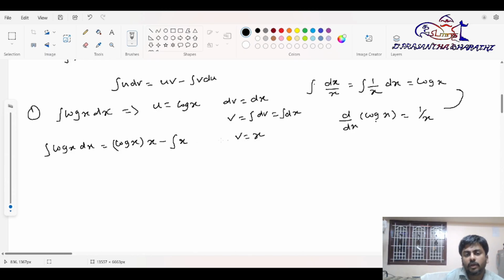So v equals x, and du is u dash: when log x is given, its derivative will be 1 by x, so 1 by x into dx. So v du equals x into 1 by x into dx.